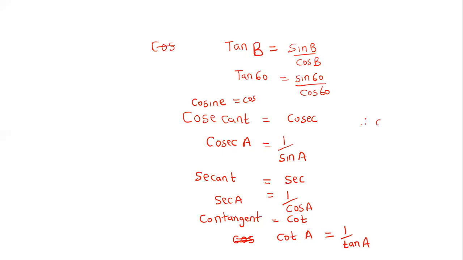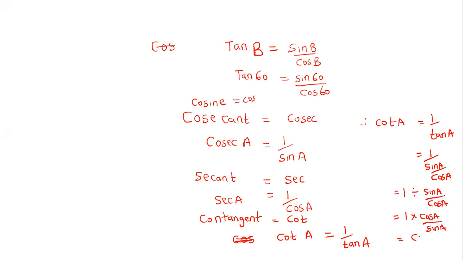In simple terms, cot is the same as 1 out of tan of A, but we know that tan A is the same as sine A out of cos of A. So you can write it as 1 divided by sine A out of cos A, which you can write as 1 times the reciprocal, cos A out of sine A. So cot is also the same as cos A out of sine of A.